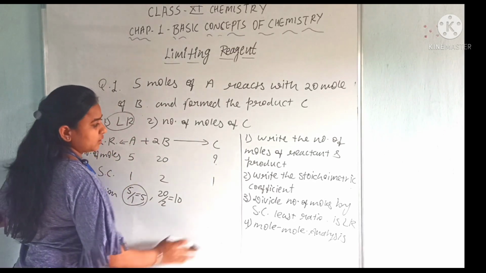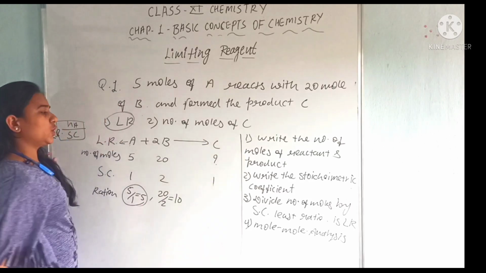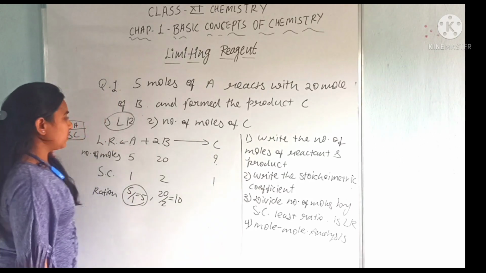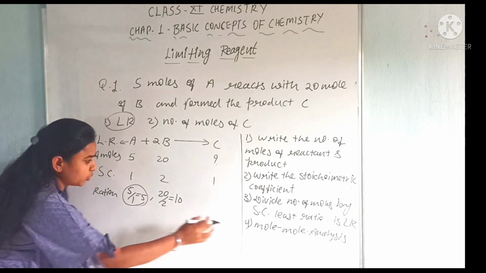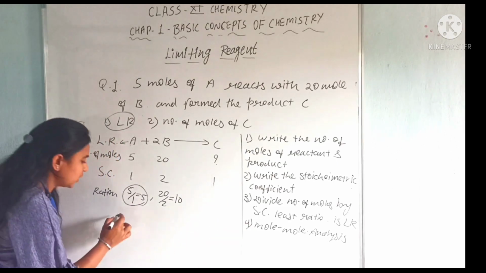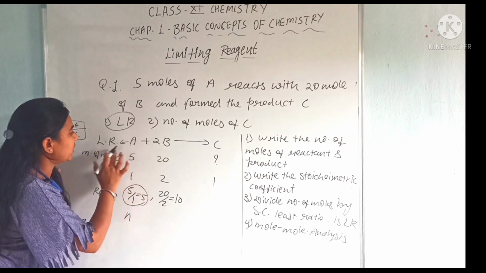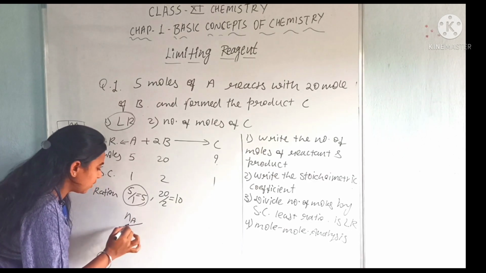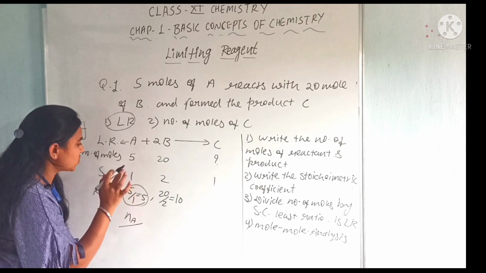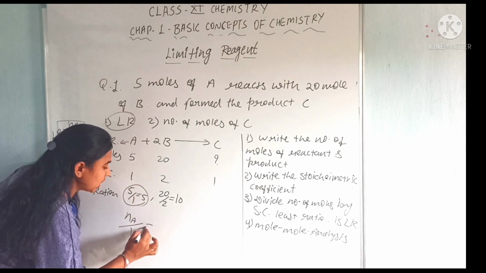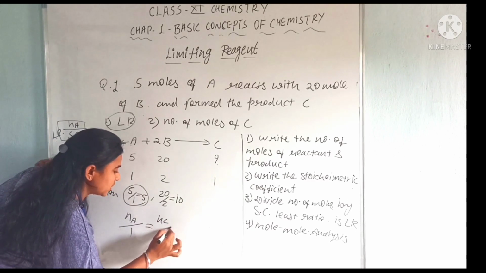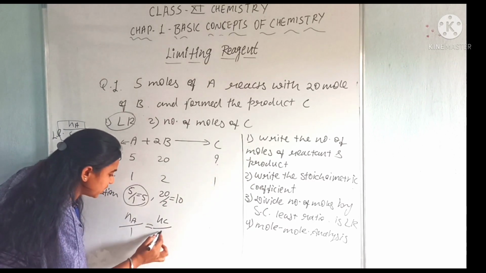Now let's find the number of moles of product C. Using the mole-mole ratio: number of moles of limiting reagent, which is A, divided by its stoichiometric coefficient 1, equals number of moles of C divided by its stoichiometric coefficient 1.